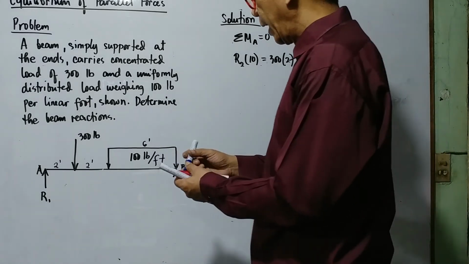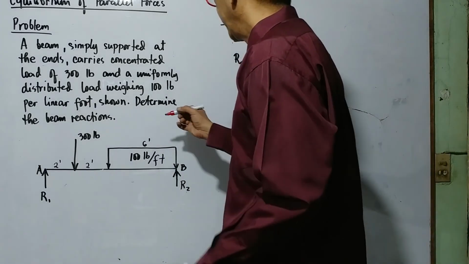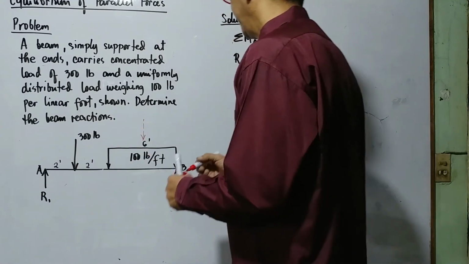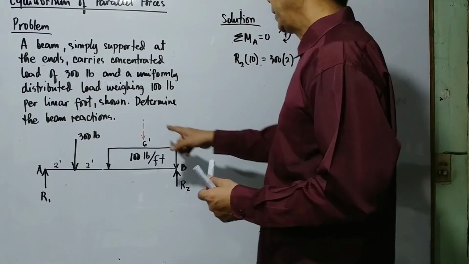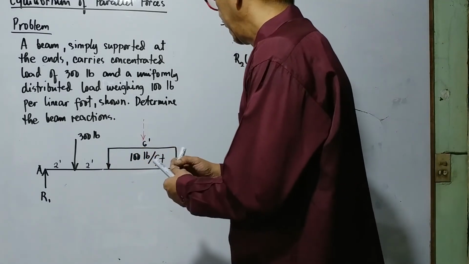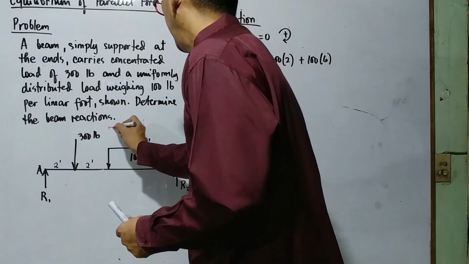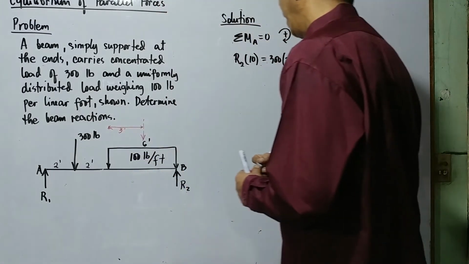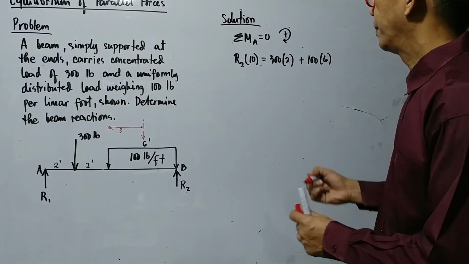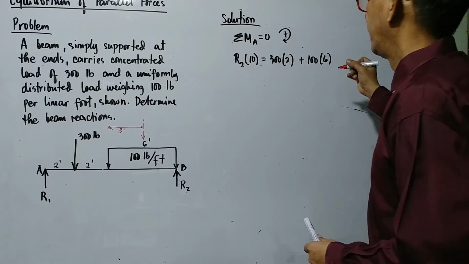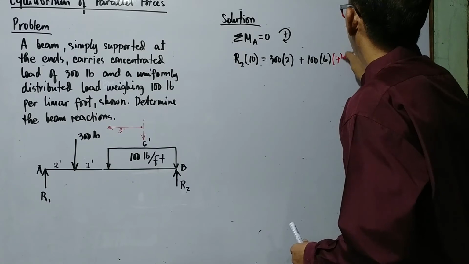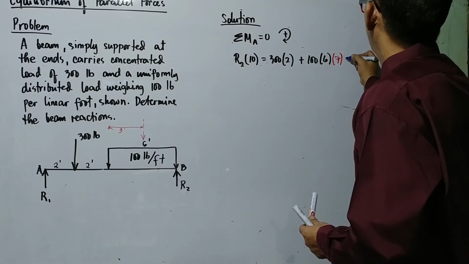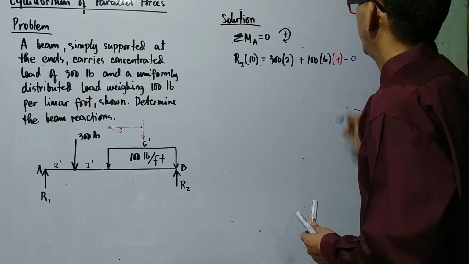To know the distance of this, just take the center of gravity. So this is the distance. This now becomes 3, so we have 7. Equals 0.